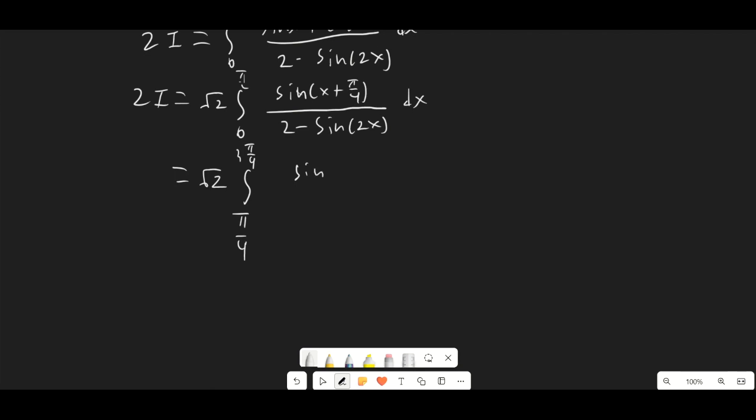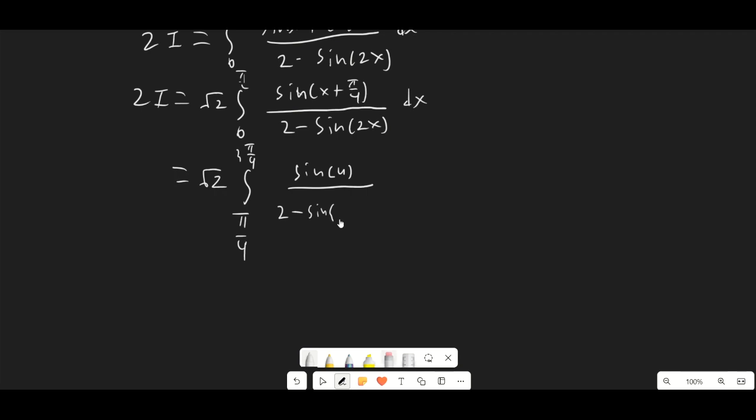Sine of u over 2 minus. Now on the inside here, we're going to get sine of 2 times u minus pi over 4, which is the same as 2u minus pi over 2. However, sine of anything minus pi over 2 is actually the same thing as negative cosine of that thing.